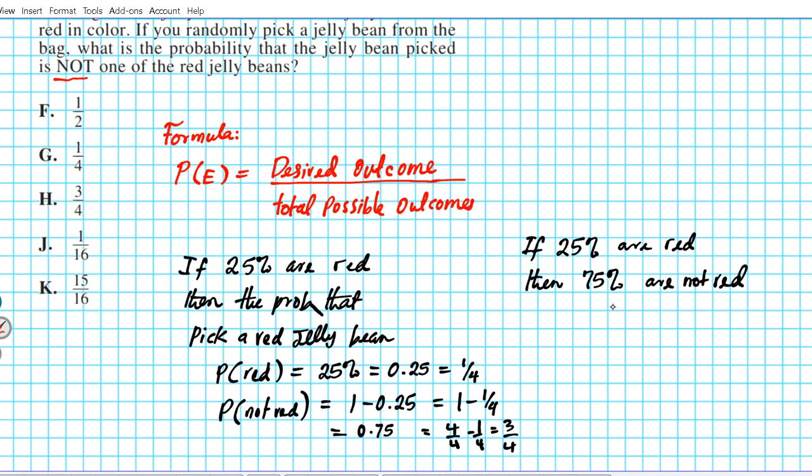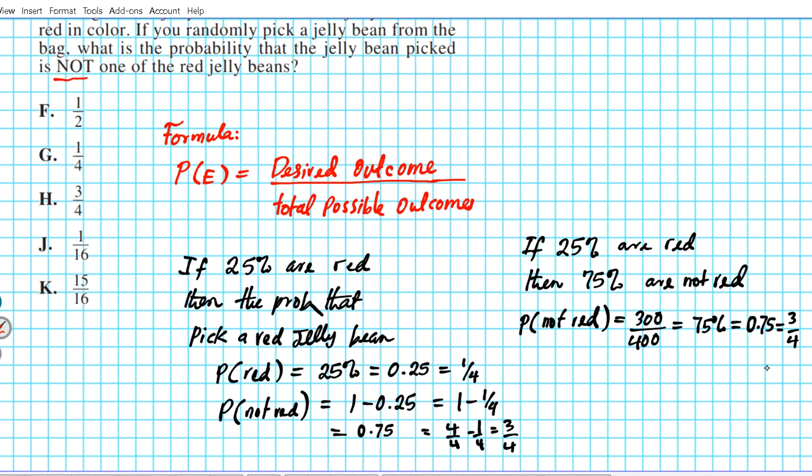All right, so since 75% are not red, that's a percentage of the whole, then the probability that the selection will not be red is simply going to be 75%, because 75% of the number of jelly beans is 300, and if you divide that by 400, you have 75% again. So it's just 300 over 400, right? Which is the same thing as the percentage that we had before, 75%. And 75% is the same thing as 0.75, and it's the same thing as 3 over 4.